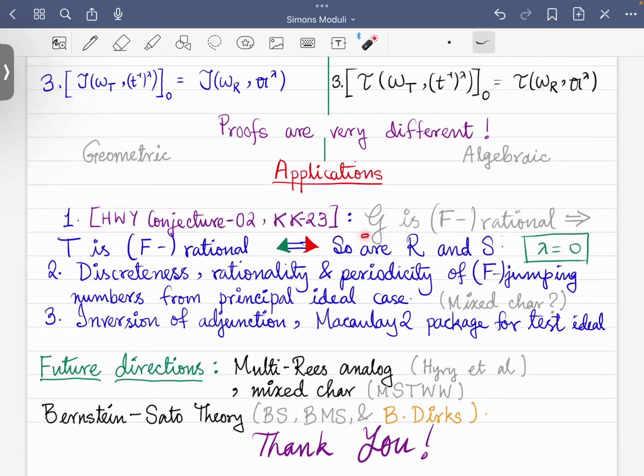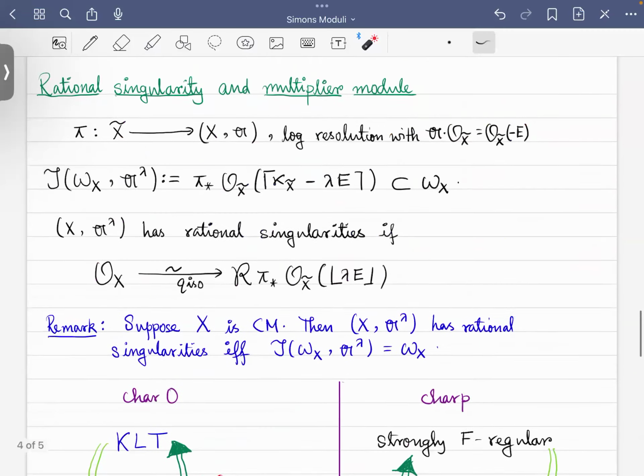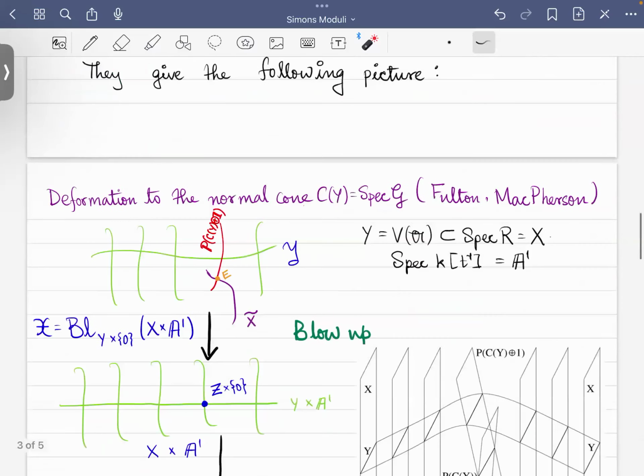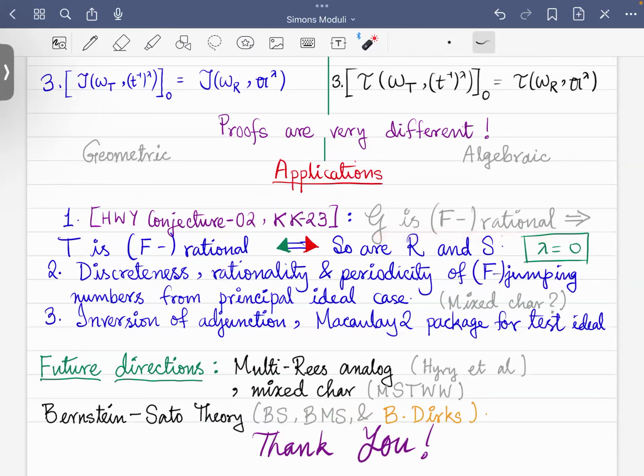Also note that if G is F-rational, then because G is T quotiented by T inverse, by the deformation property of F-rationality, we get that G being F-rational implies T is F-rational, which implies R and S are as well by their conjecture.